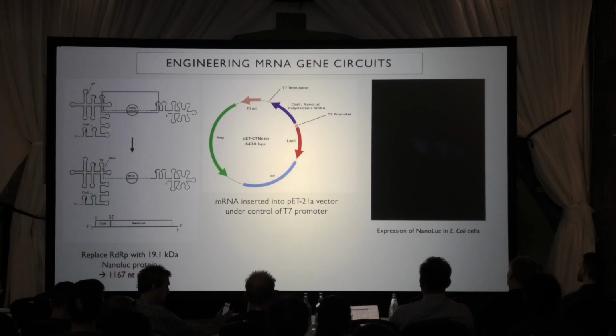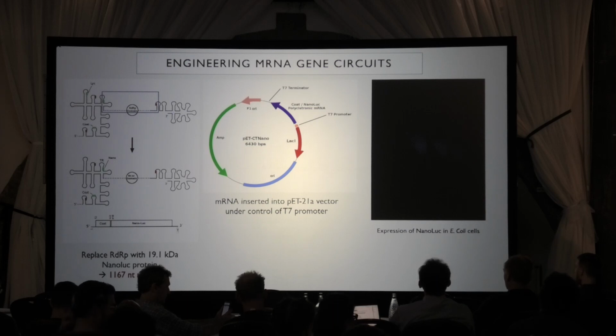So then if we cut out the gene that's associated with the RNA-dependent polymerase and replace it with a nanoluciferase, then you get a new structure here. And then if I just take out basically the coat gene plus the nanoluciferase, I can put that in on a pET vector under the control of a T7 promoter.